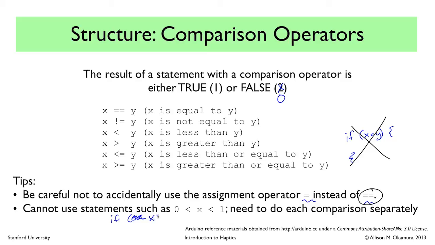If x is greater than 0 and, I'll talk about this and operator in the next slide, x is less than 1, and I'm going to put parentheses around all of this, then I can run some statements. And so this is the way in which you need to do multiple comparisons that would replace what you would normally think of in math as a fairly simple operation.